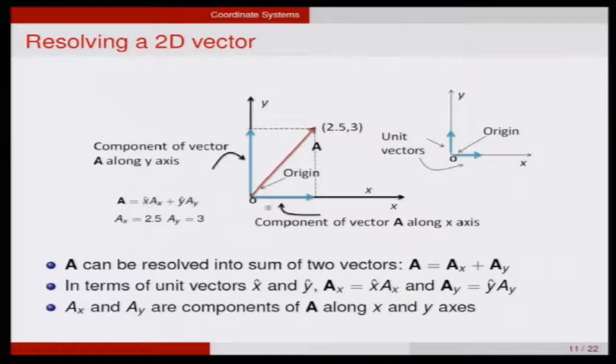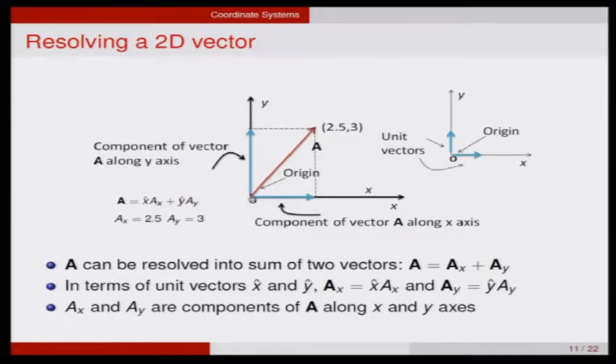So, this horizontal vector is characterized by x hat Ax, where x hat is the direction of the vector along the x axis, and Ax is the magnitude of the horizontal vector, which is 2.5. So, this is another way of saying that you move 2.5 units along x and then move 3 units along y, and if you move along y, you are actually creating a parallelly translated vector y hat Ay, and Ay here is 3.